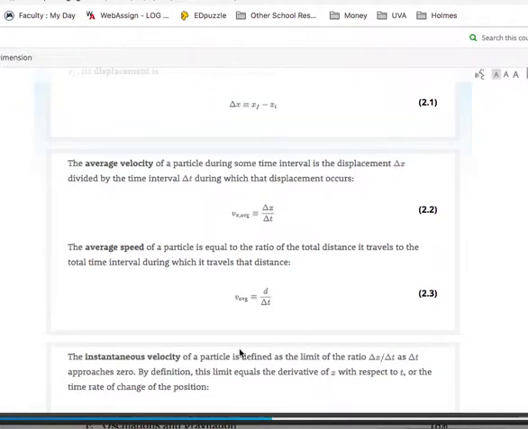Speed is how fast something is moving, but speed does not have a direction associated with it. So velocity is going to be speed with direction. So velocity is a vector, meaning it's represented by a ray, and speed is just a scalar quantity. It's just how fast are you going. It only has magnitude and no direction.